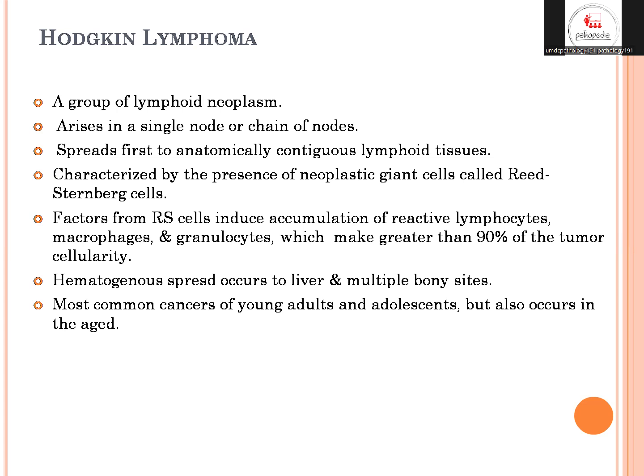The factors from Reed-Sternberg cells induce accumulation of reactive lymphocytes, macrophages, and granulocytes, which make up greater than 90% of the tumor cellularity. And the hematogenous spread occurs to liver and multiple sites. It is the most common cancer of young adults and adolescents, but also occurs in aged people.